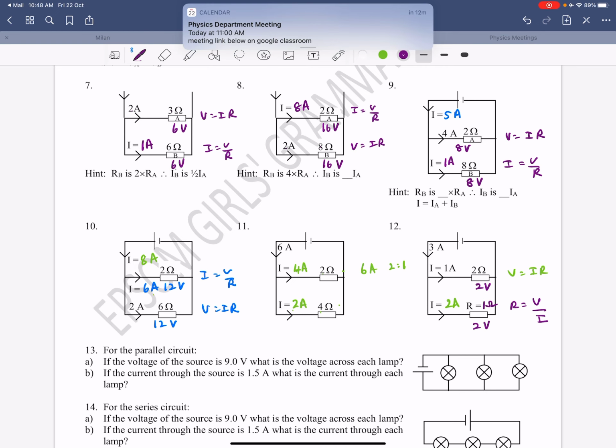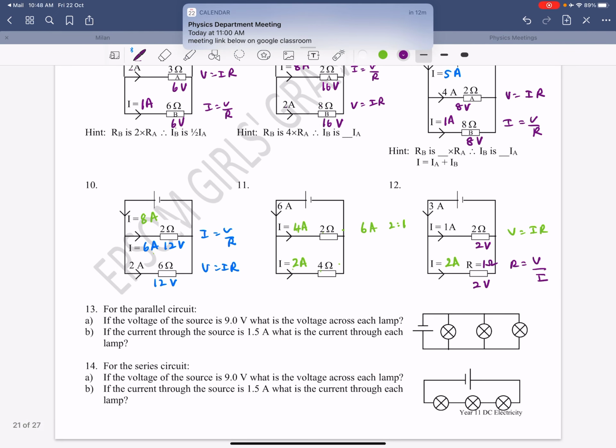And then this one here, the voltage of the source is 9 volts. What is the voltage across each lamp? Each lamp will be 9 volts because it's a parallel circuit. If the current through the source is 1.5 amps, so there's 1.5 coming out of here, it's going to split into 3 equal parts.